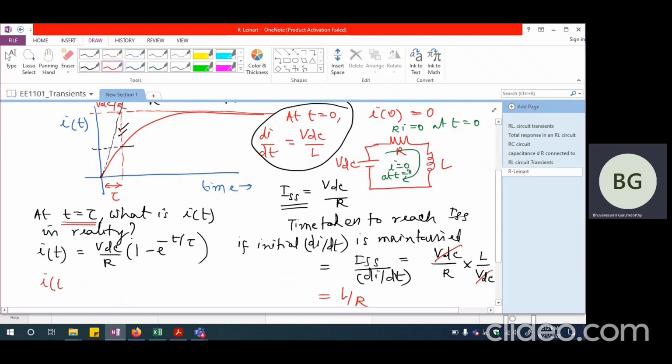So I of t equal to tau is VDC divided by R multiplied by 1 minus e power minus tau by tau. So that is e power minus 1.